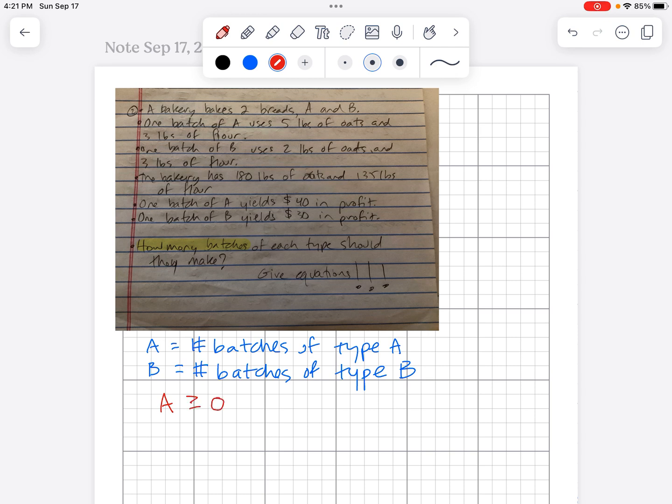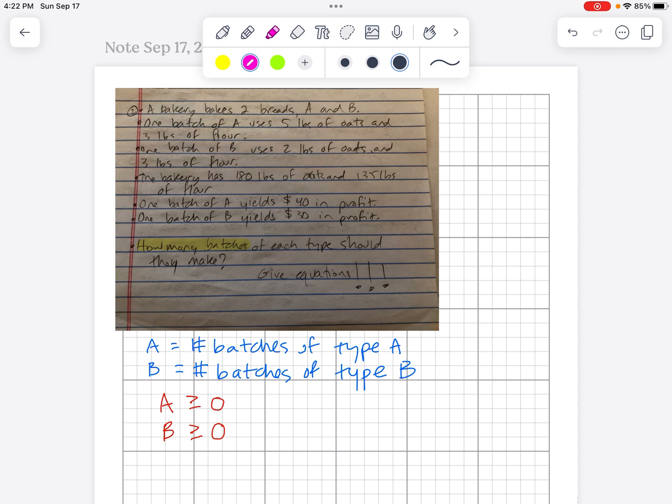So we have our first constraint, the first thing that limits us. There's no way to make a negative number of type A's. And likewise, another hidden constraint not mentioned in the problem is that we aren't going to make a negative number of type B's.